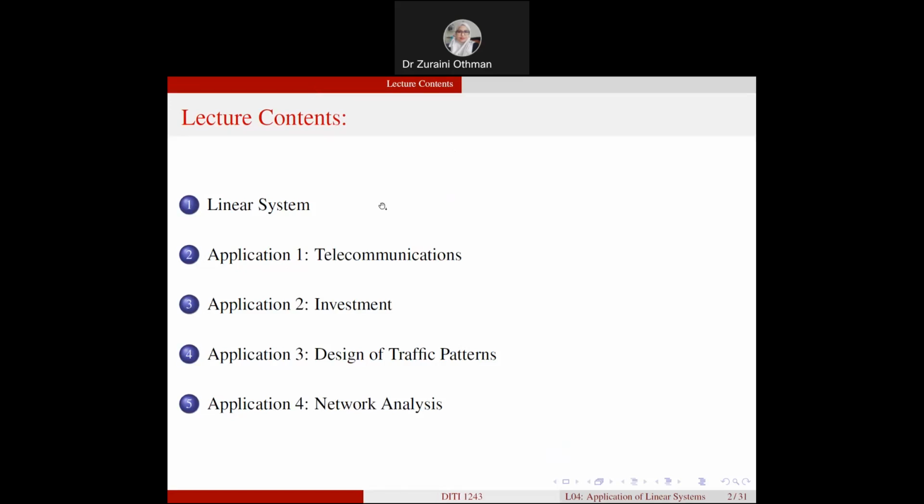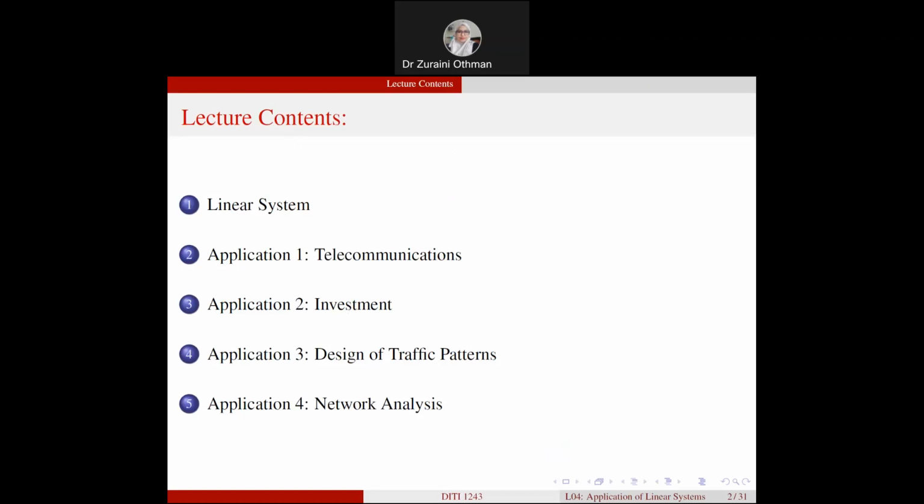So now this is the lecture content: linear system, application 1, which is telecommunication. We can see how linear system is applied in the telecommunication area. And then the second application is investment. And the third is design of traffic pattern. And the fourth one is network analysis.